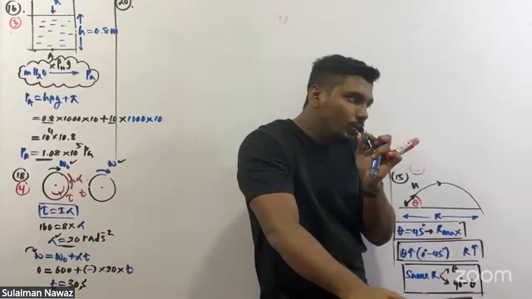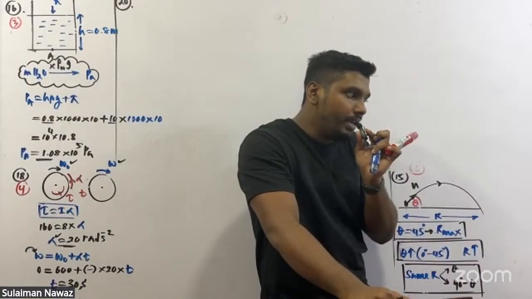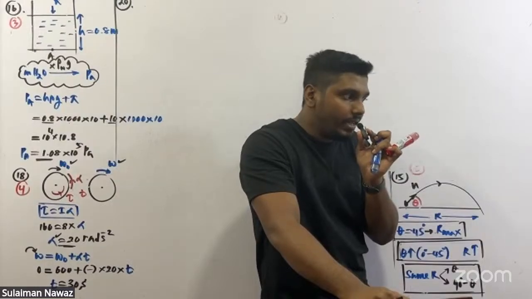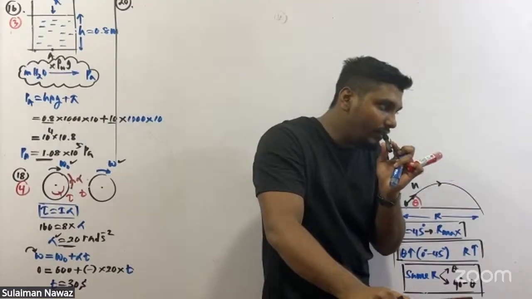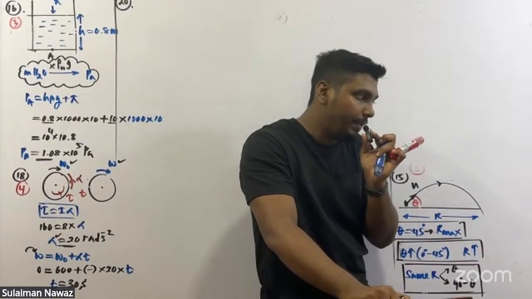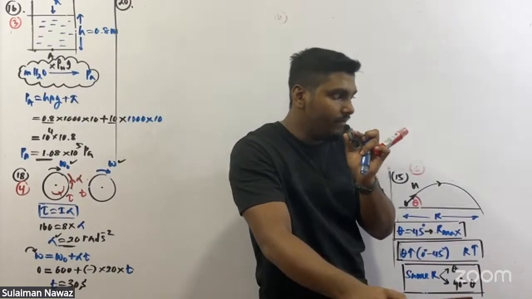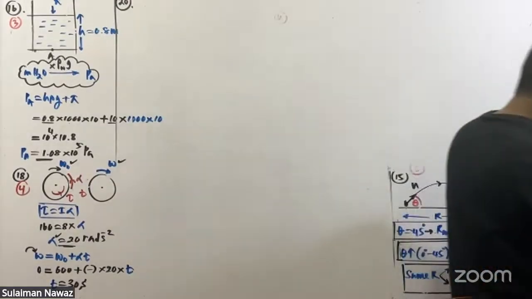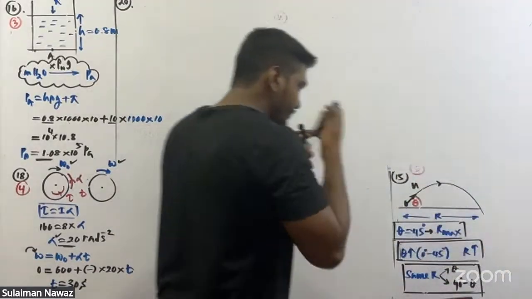One end is tied to a fixed point and an object of mass capital M is suspended from the other free end. What will be the tension T at point A, where the two strings are connected? Very simple. Look here.